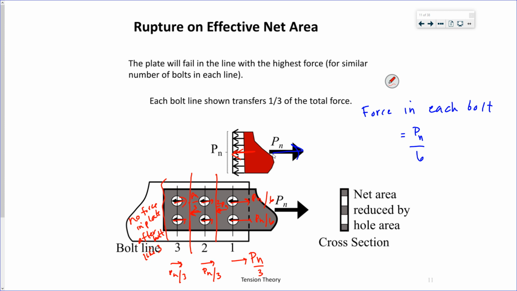So right before bolt line 1, my force in my plate is Pn. Between bolt lines 1 and 2, my force in my plate is 2/3 Pn. Between bolt lines 2 and 3, my force in my plate is just Pn over 3, and after bolt line 3, there's no force in my plate. That's good. It's all being transferred by that bolt line to the connecting member.